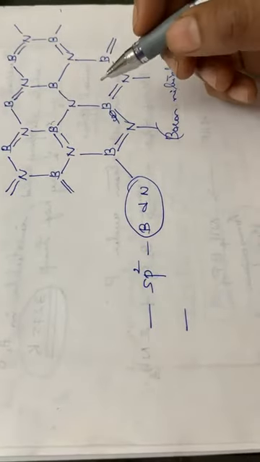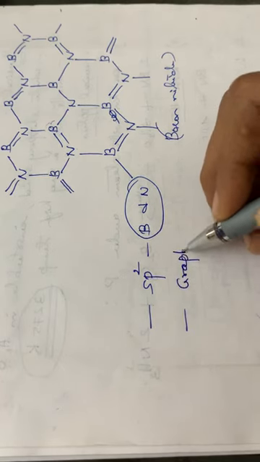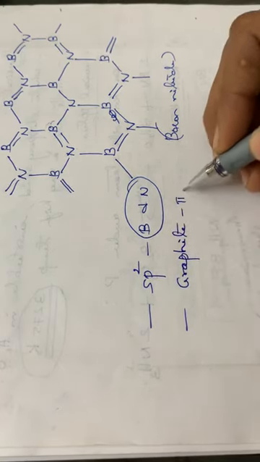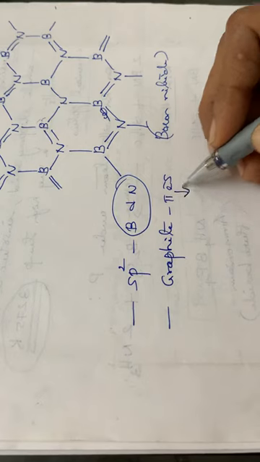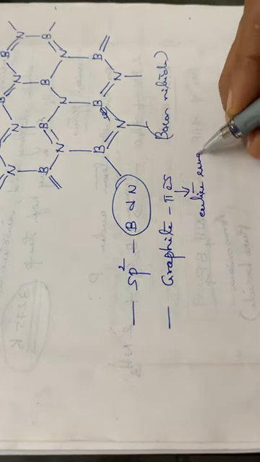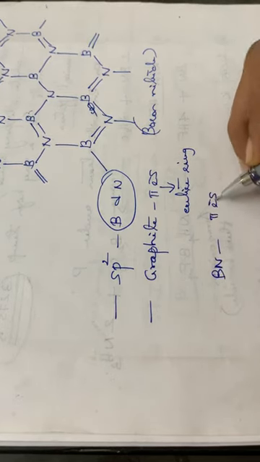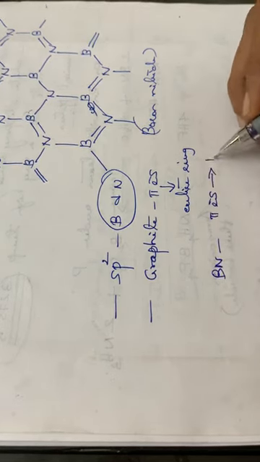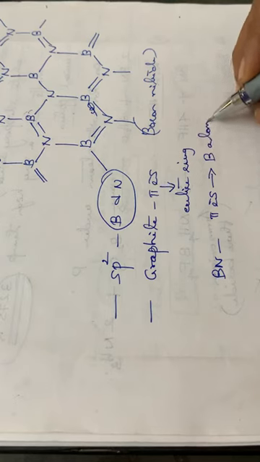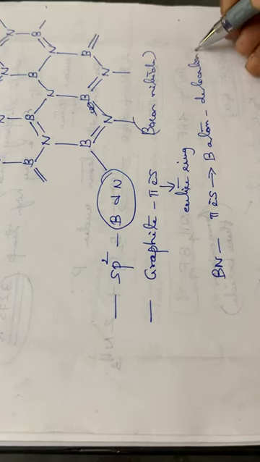So that is the first difference from graphite. In graphite, the pi electrons are delocalized over the entire ring or over all the carbon atoms. Okay, but in boron nitride, the pi electrons are delocalized over the boron atoms.